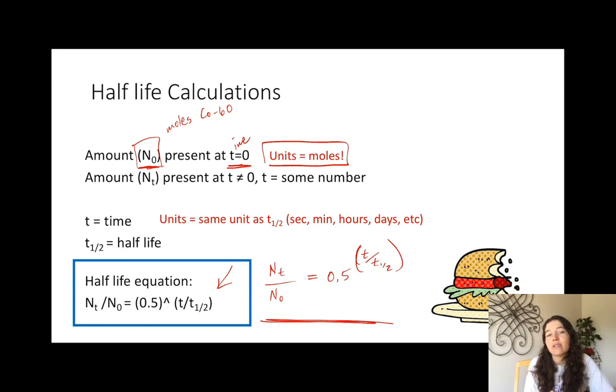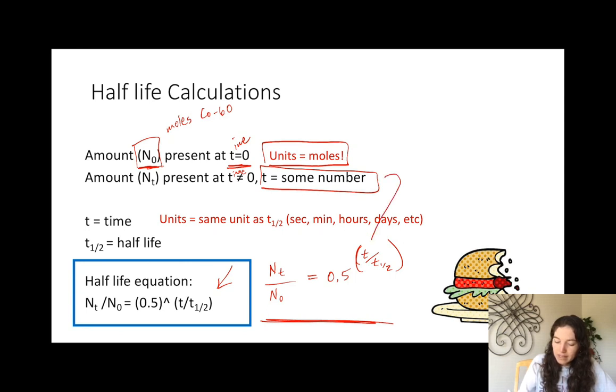N_t, here in this equation, is the amount of moles present at time t, which does not equal 0. This could be any time that is chosen. So t is some number which will be selected or given to you.